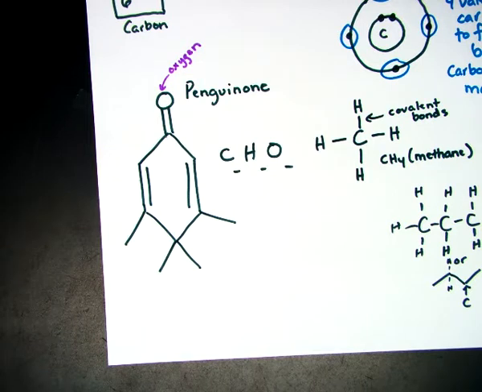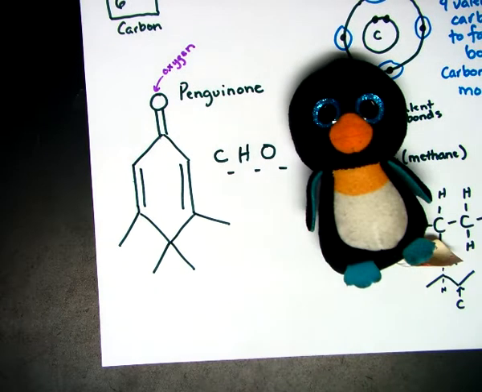I swear I'm counting 10. Okay, so look, each end, so 1, 2, 3, 4, 5, 6, 7, 8. Wait, I thought it was like the ends of like this. I thought this meant double bond.